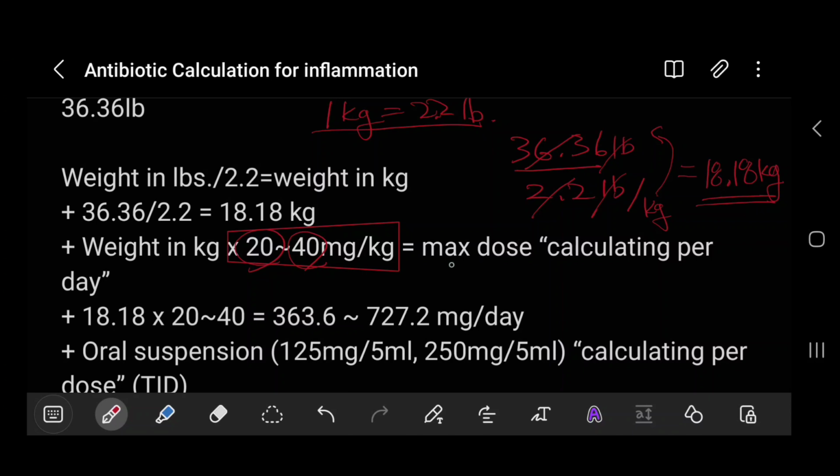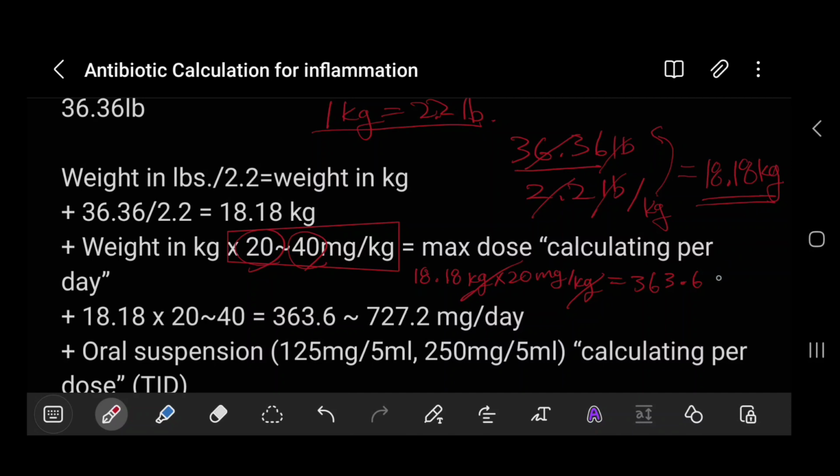So we need to get the minimum and the maximum, the range of the dose that we need to give. So 18.18 kilograms times 20 milligram per kilogram will be 363.6.